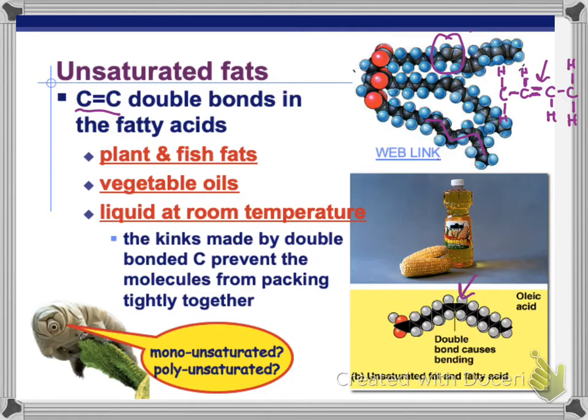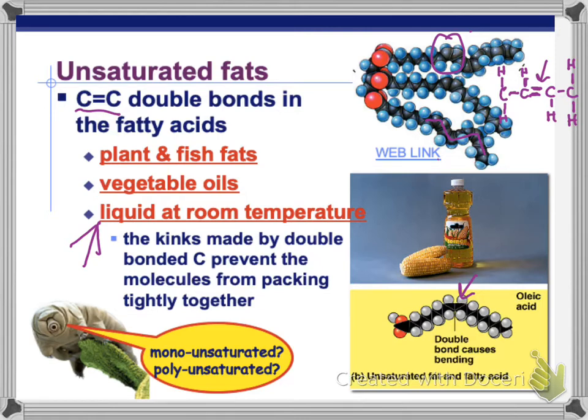You can't pack them as close together. As a result, unsaturated fats tend to be liquid at room temperature because these fats cannot get close together to solidify. There's too much space between all of those fatty acids.